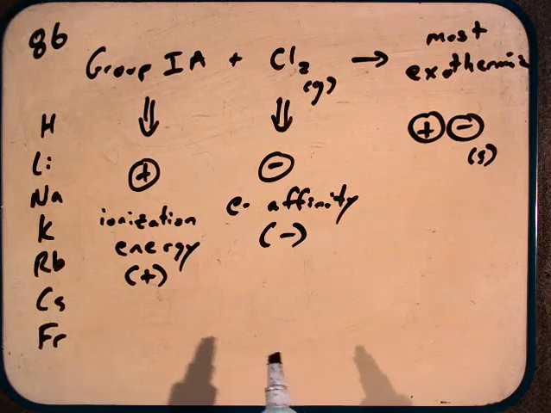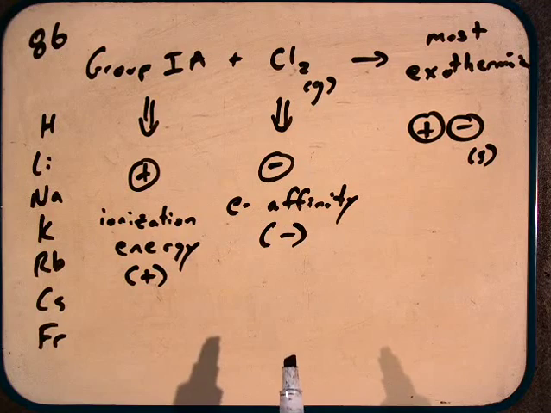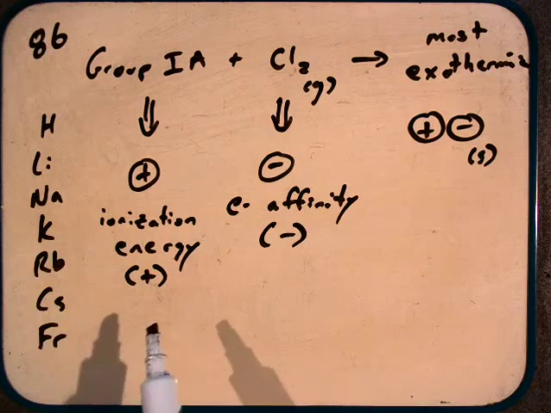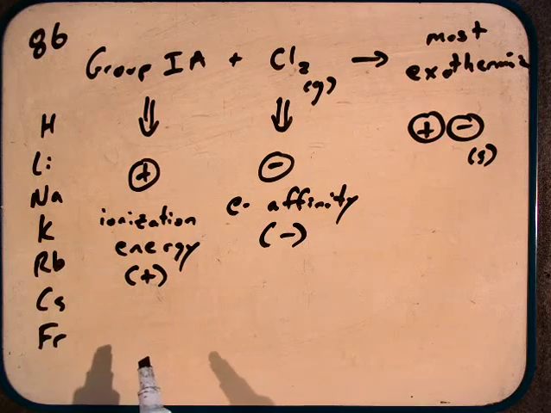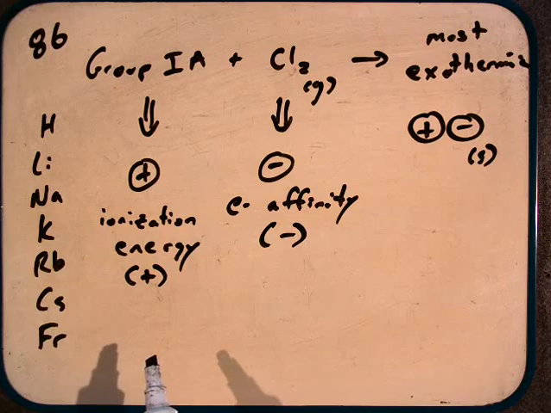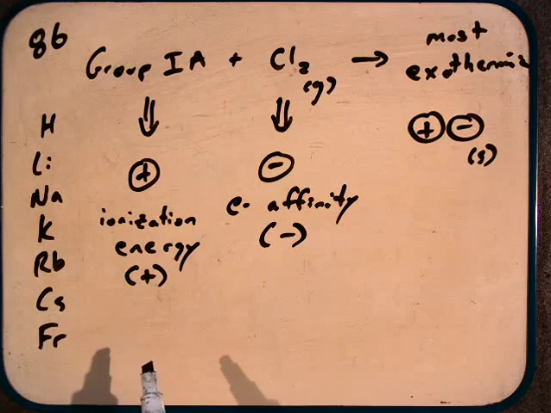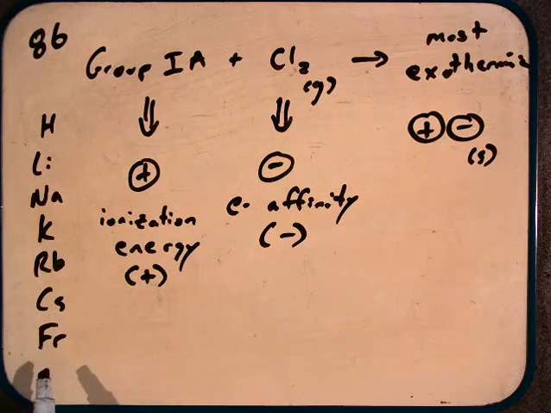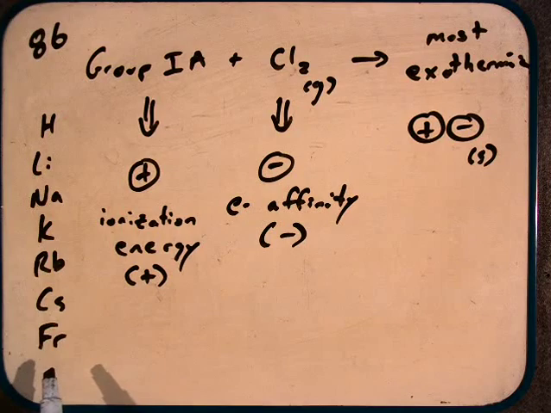Electron affinity, remember, is the energy released upon gaining an electron. Energy released, so that's a negative value. While ionization energy is the energy required to remove an electron. And so it's energy required, or it's positive. So the real question is which one of these group 1A elements has the lowest ionization energy?